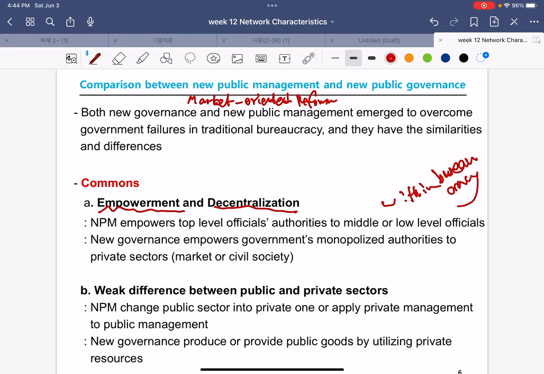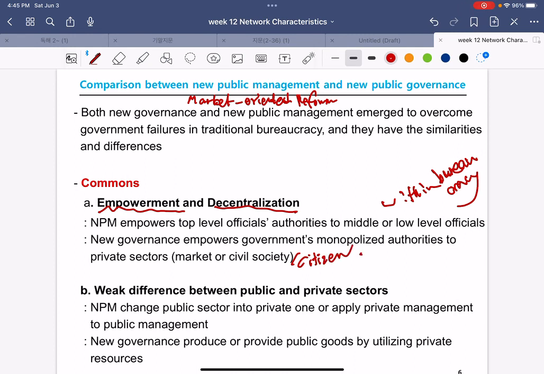However, in the new governance, the government's monopolized production is decentralized to private actors, the market, civil society, or citizens. Right?